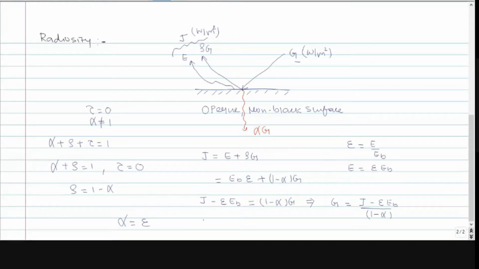What we get is G equals J minus emissivity times the emissive power of black surface, divided by 1 minus emissivity.